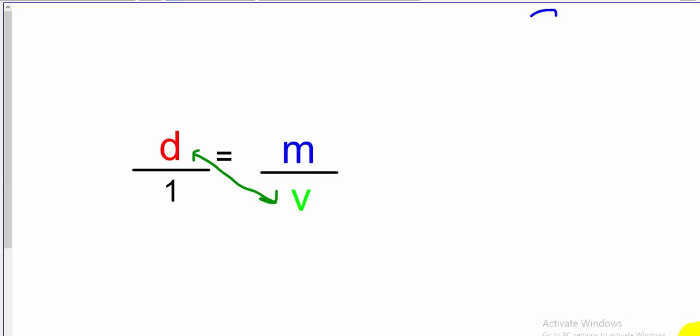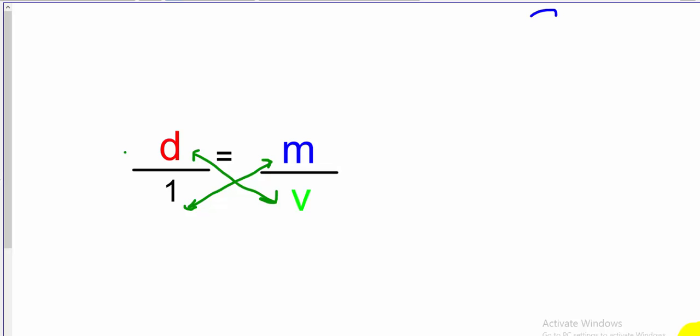Anytime you need to move something out of the denominator, which is the bottom of a fraction, you can cross multiply, and cross multiplication means multiplying the numerator on one side by the denominator on the other side of the equal sign. Cross multiplication will allow me to bring up anything that's in the denominator. So in this case here, I could cross multiply both sides, so that there's nothing left in the denominator.